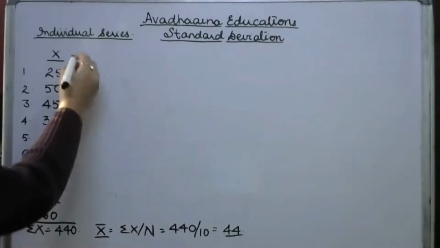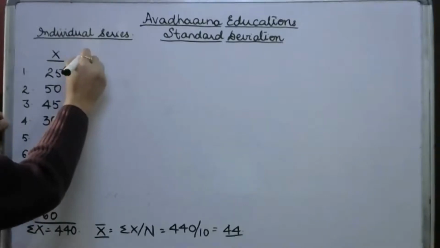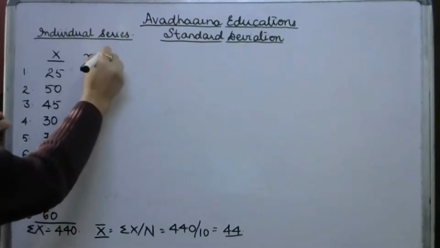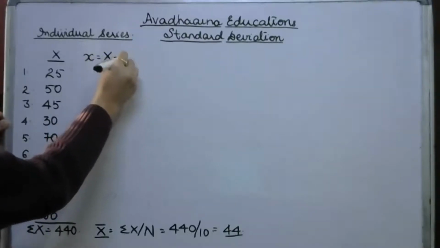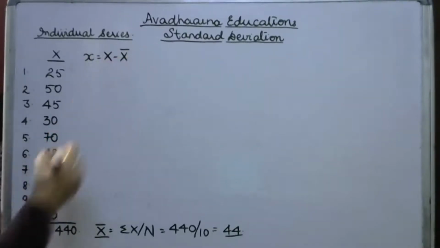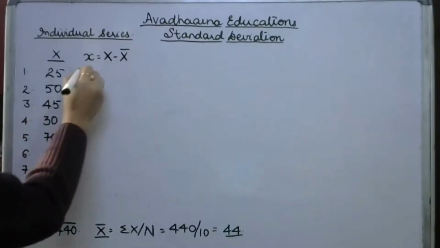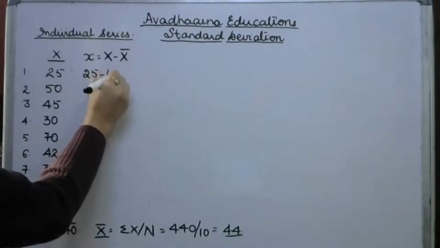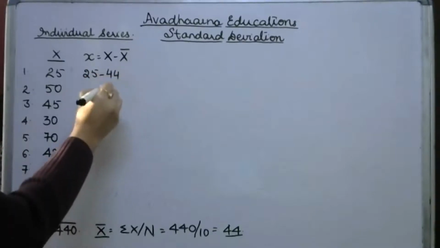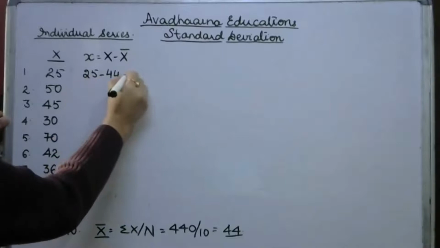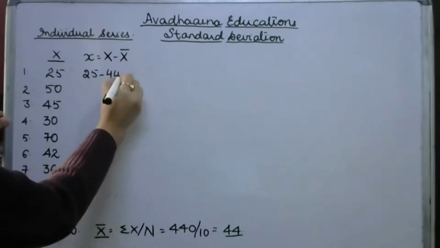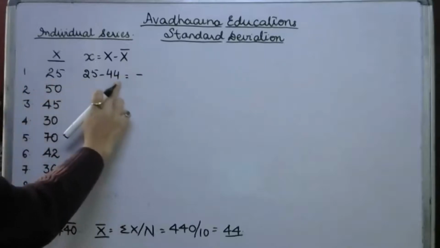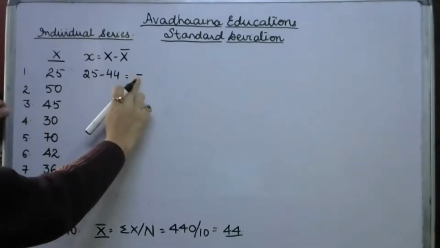Now the second step is we are going to calculate the deviations, which is denoted by small x. It is nothing but x minus mean. So 25 minus 44, which is equal to minus, see, 44 is greater, so we are going to have a negative value.